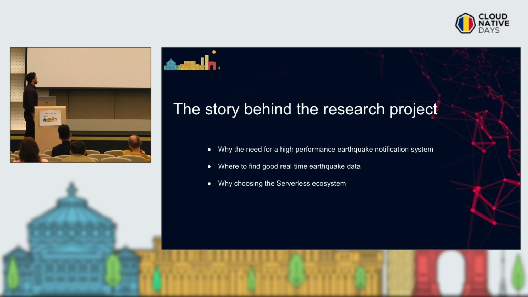So we started to dig a little bit into what we could use, what institute we could talk with, at least to have a collaboration, because we need the data. The second bullet point is where to find good real-time earthquake data.